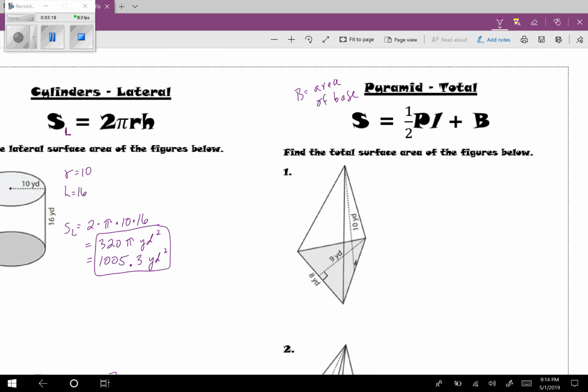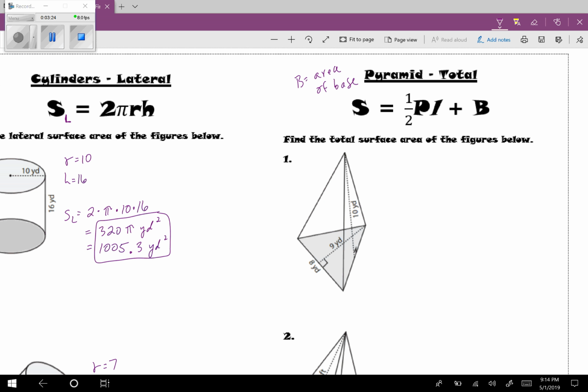Depending upon your base, you're going to use a different formula to find its area. I like to at least outline or shade in the base. So there's my base, and again, we're going to make this an equilateral triangle for simplicity's sake.